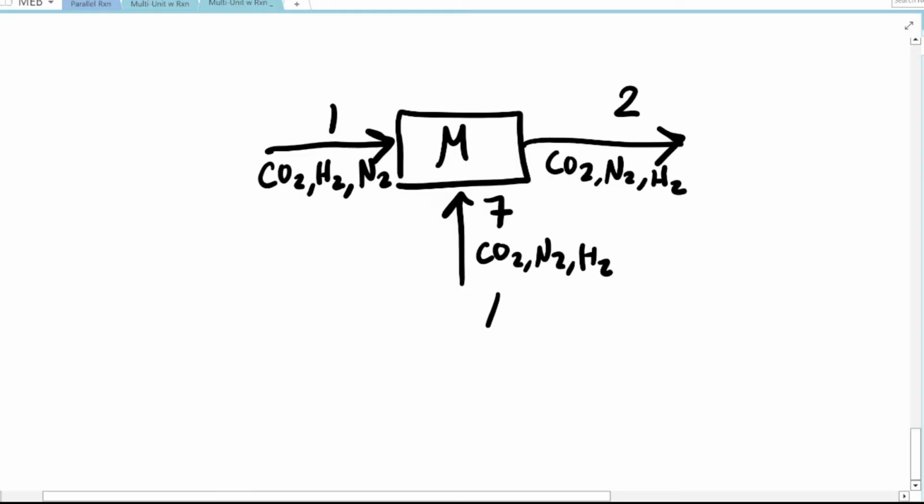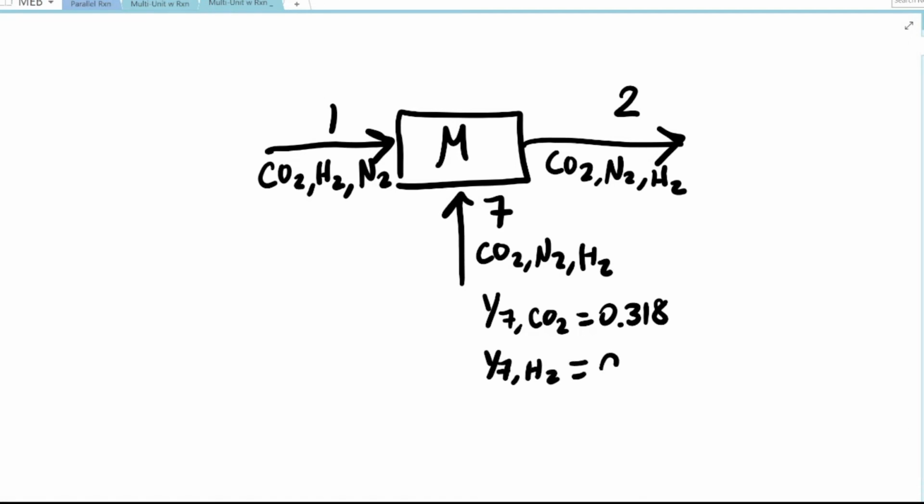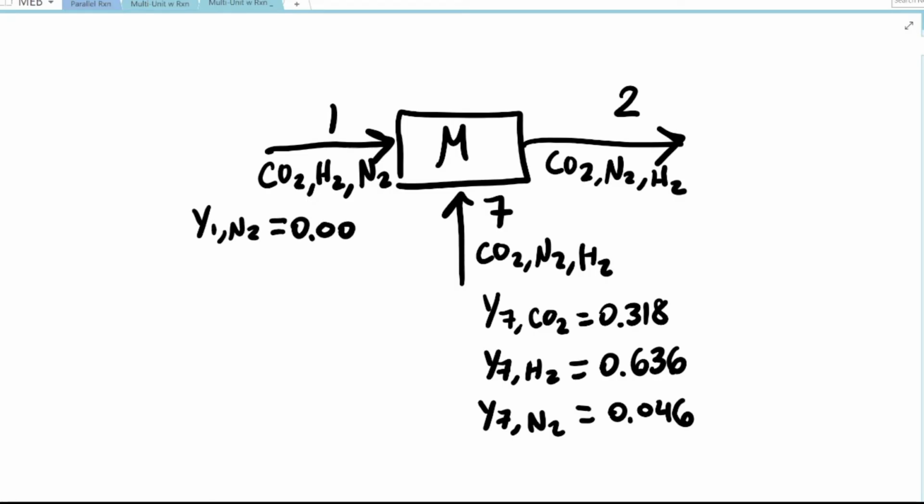And from here, we also have a couple of known pieces of information. I know all my Y7s. So we've got Y7 CO2 equal to 0.318. Same deal with H2, 0.636. And Y7 N2 equals 0.046. For stream 1, I know Y1 N2 equals 0.005.